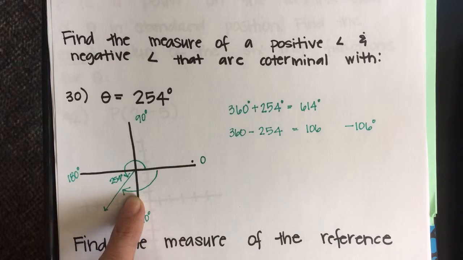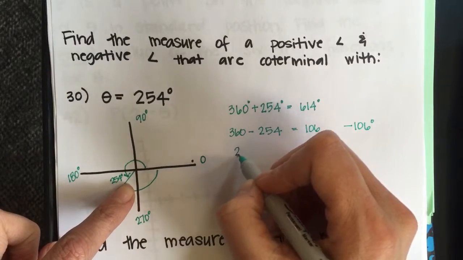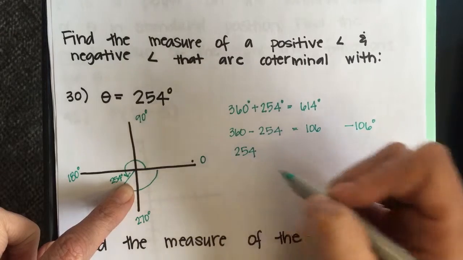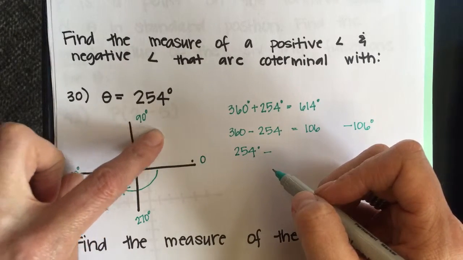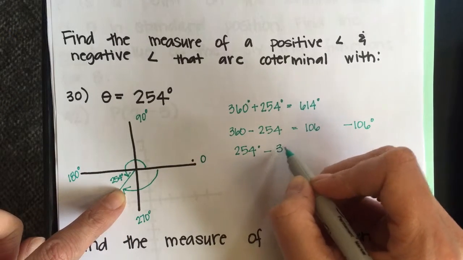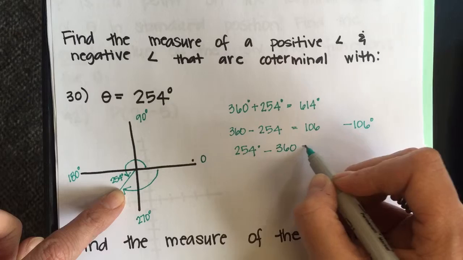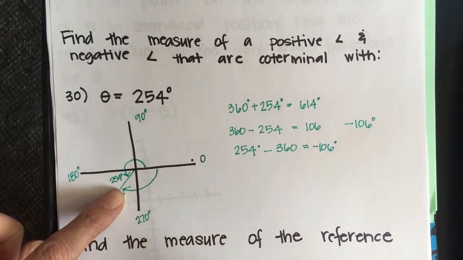Or instead of worrying about the sign, you could do 254, and then from 254 you're going to back up and go all the way around the circle backwards. So then you would subtract 360, and that also will give you negative 106 degrees.